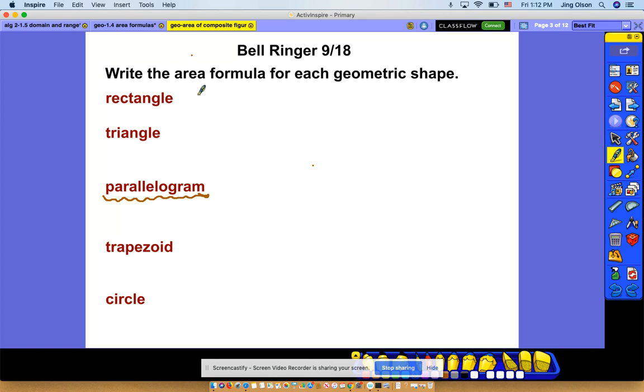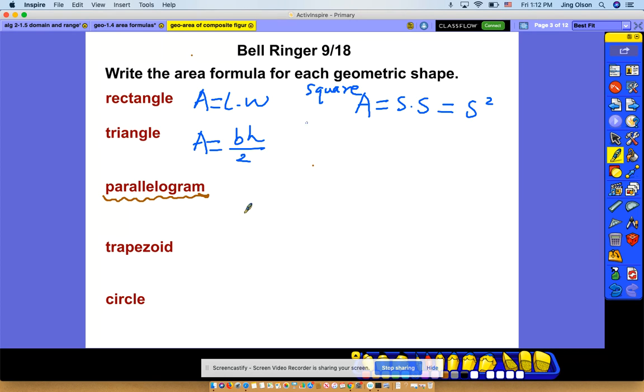We did a rectangle. Area is length times width, or base times height. Triangle is base times height divided by 2. Square is length times length, or length squared. Trapezoid relates back to the triangle.